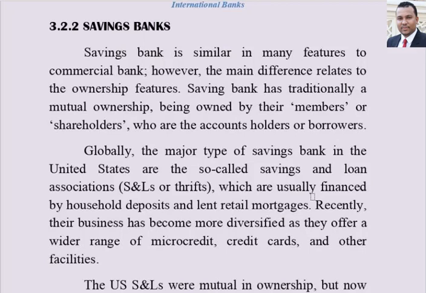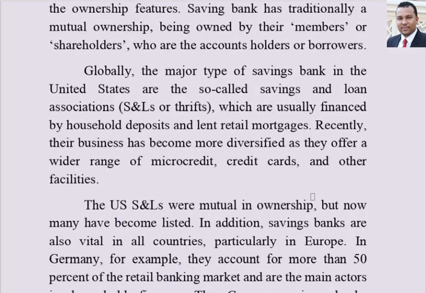Number two, what about globally? When we talk about the USA, we have the Savings and Loan Association, S&L, or thrift. In this case, we talk about the financing of household deposits and lending retail mortgages.